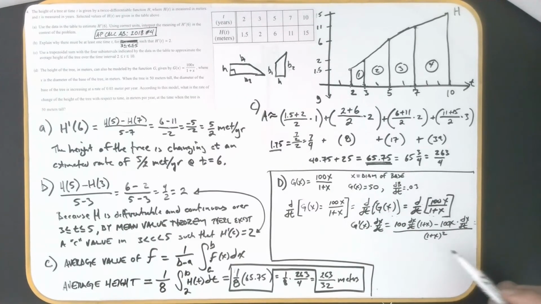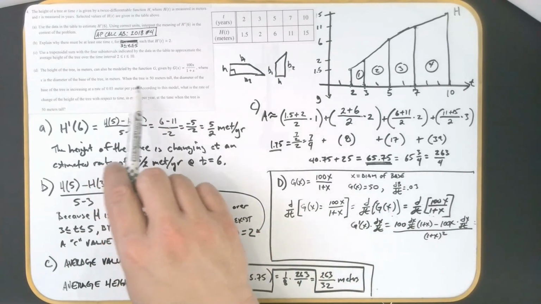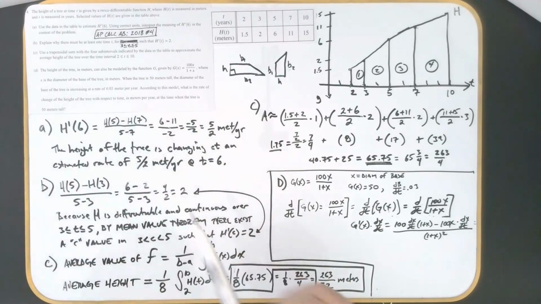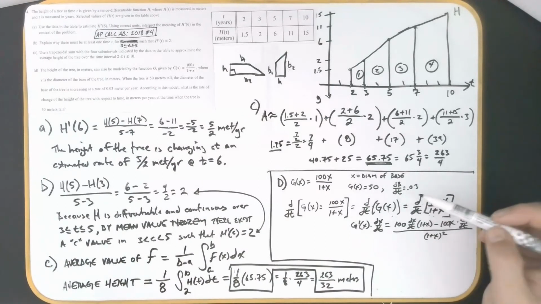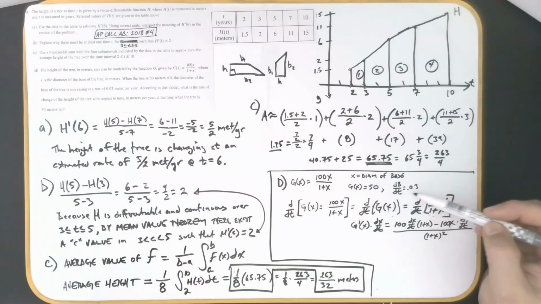And now that you have this, it's just a matter of filling in the values. Now, up here, I want to clean something up, because sometimes as you're going through the problem, you write stuff down and you go, oh, I guess I could use that variable. When it says the tree is 50 meters tall and the diameter of the base of the tree is increasing at 0.03 meters per year, I used a b and said the base is changing at this time.